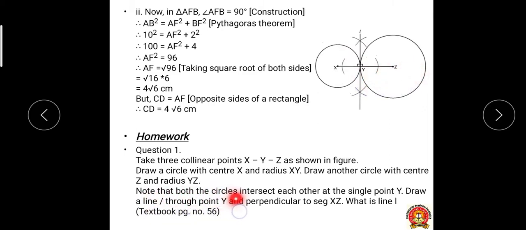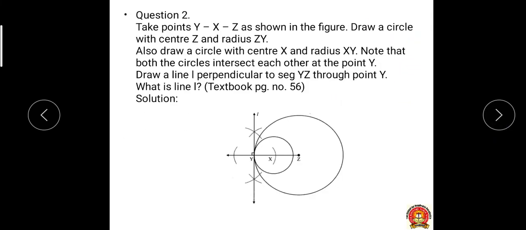Note that both circles intersect each other at point Y. Draw a line L through point Y perpendicular to XZ. This is from the textbook, page number 56. You have to construct it using the compass and send it to me.